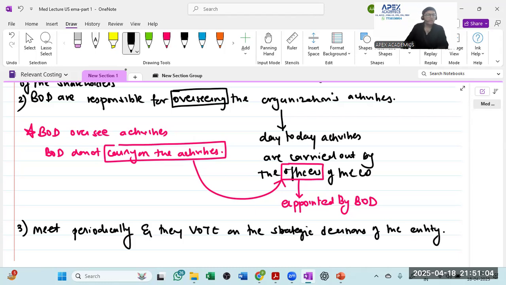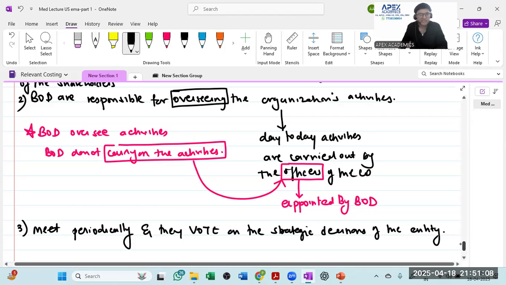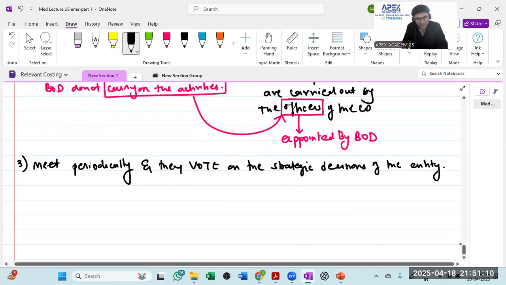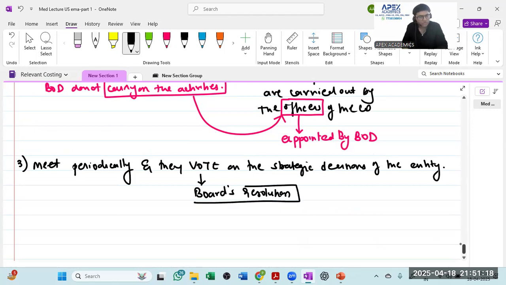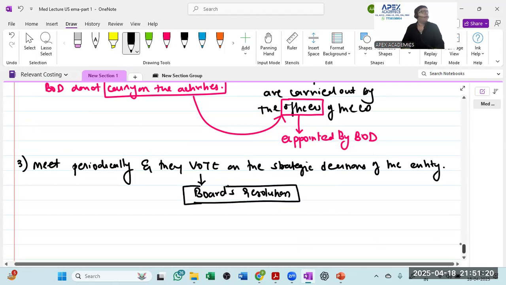What do they do? Sir, they vote on the strategic decisions of the entity. Sir, this vote is known as board's resolution. This vote is known as what? It is known as board's resolution. Agreed or disagreed? Please tell me that.